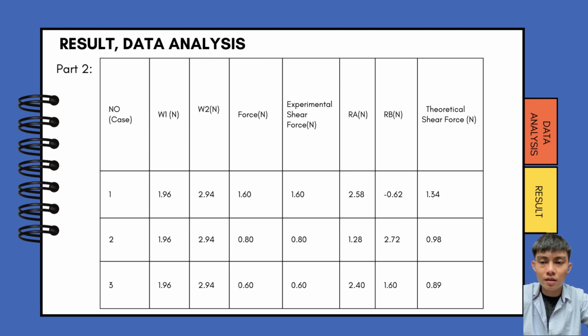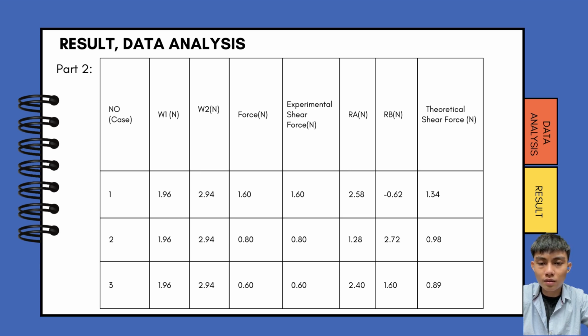We can see clearly the experimental shear force is the biggest and maximum in case 1. This one is 1.6 newtons, and the theoretical shear force in case 1 is 1.34 newtons.